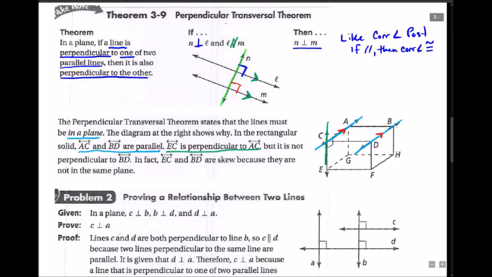We know that line EC is perpendicular to line AC. But because line BD is also part of this right side plane, it's a different plane than this ACE plane.